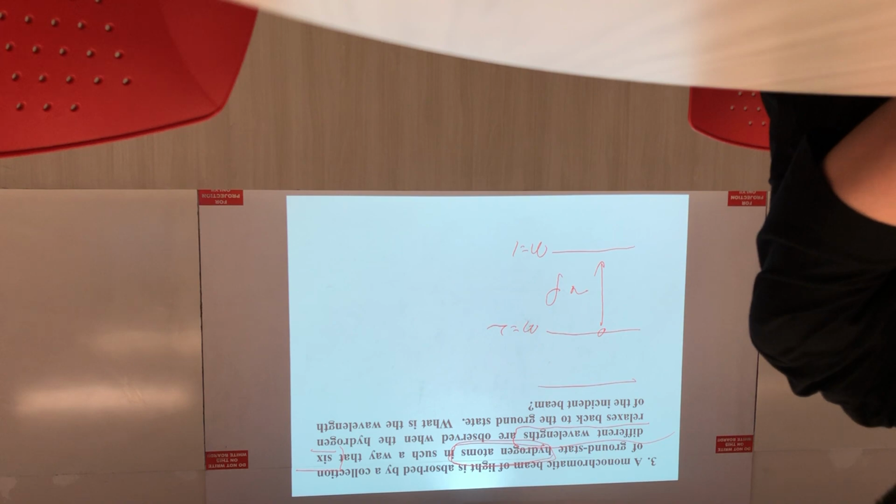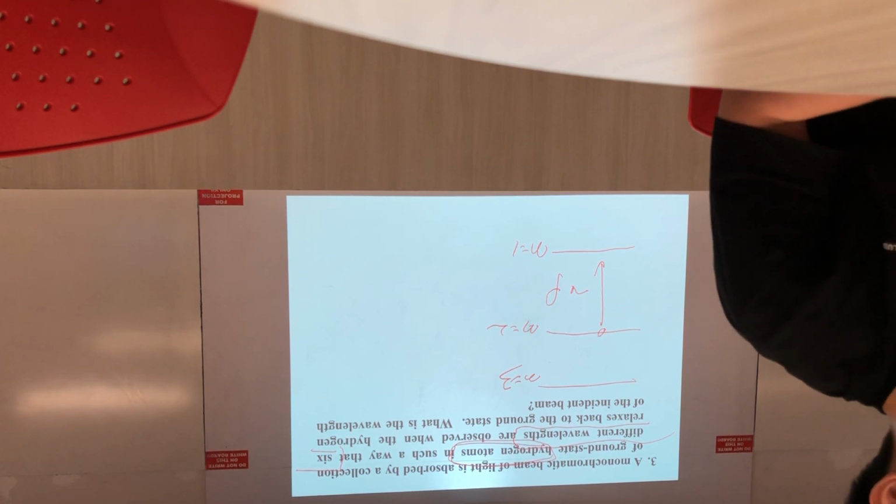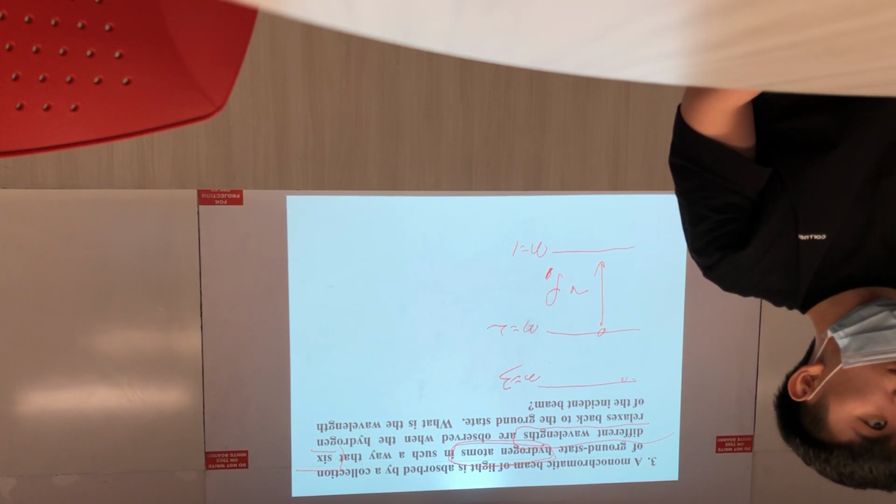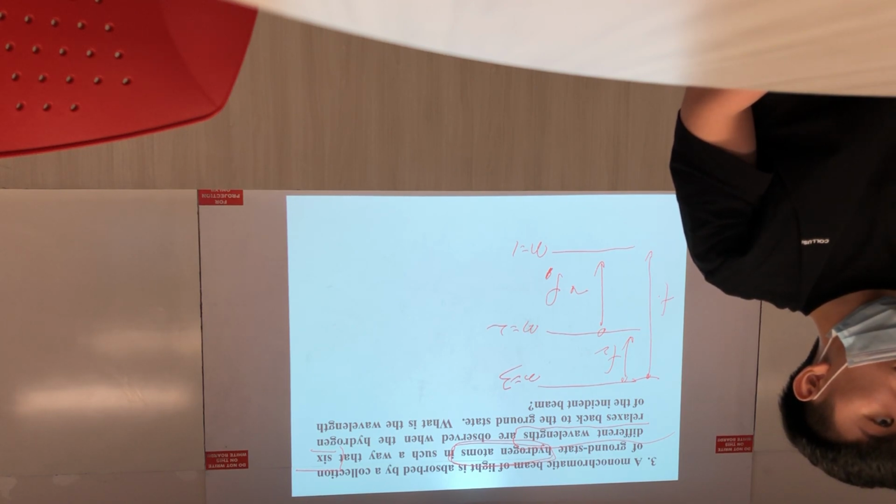So I add another energy level, energy state 3. With this, if I name the first emission F1, then we can expect another emission from 3 to 2 as F2, and then another one from 3 directly to 1 as F3. So we have 3 different emissions with the 3 levels.